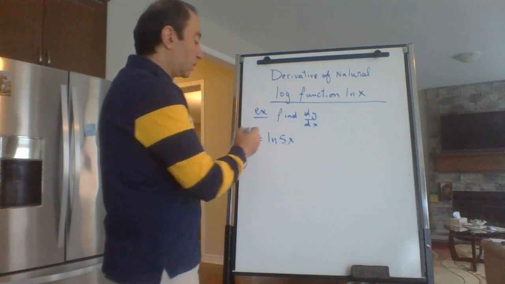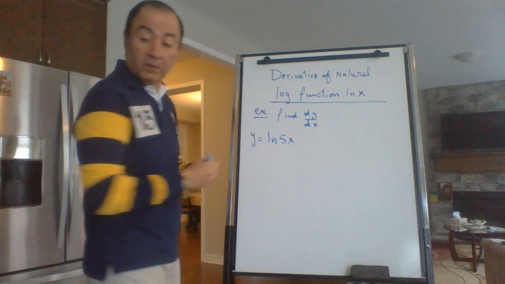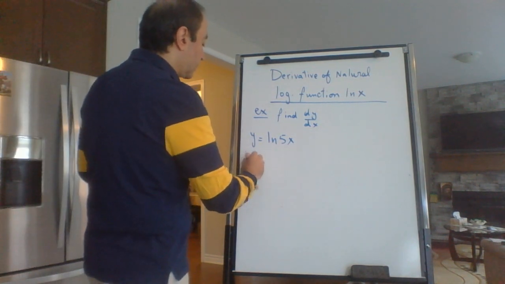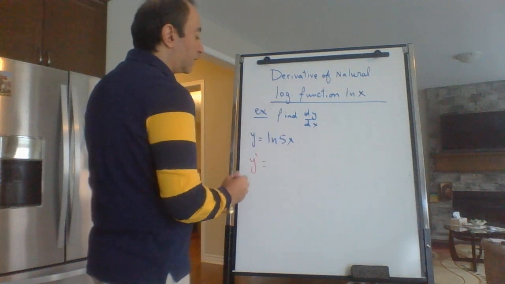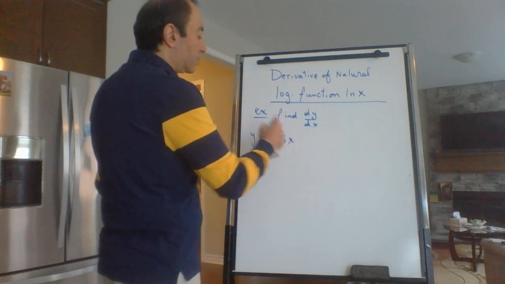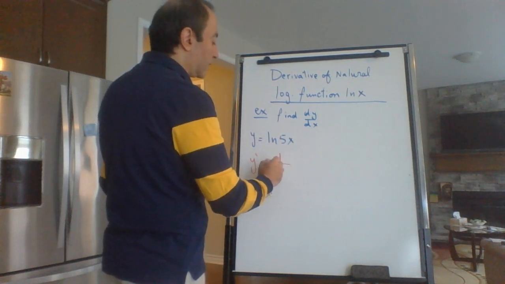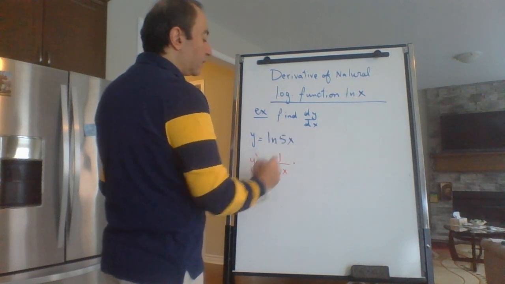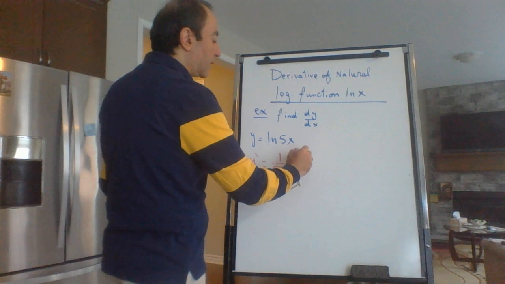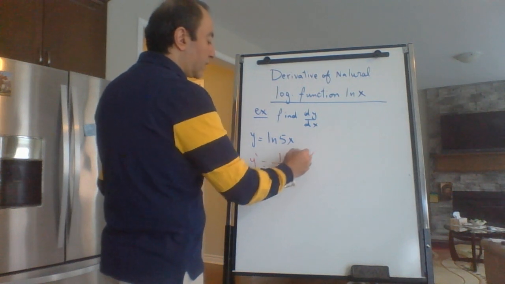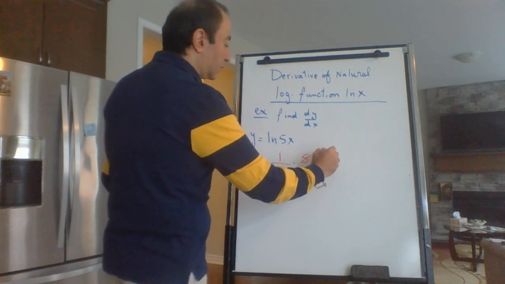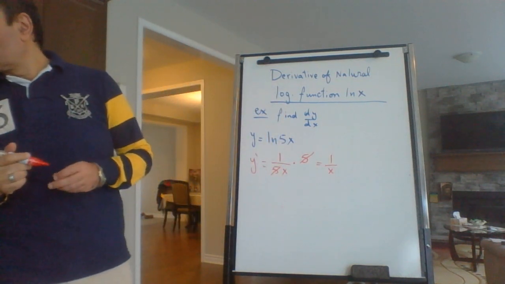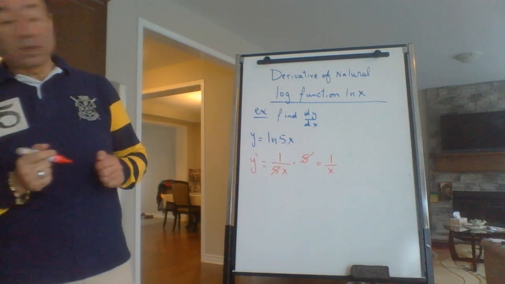The derivative of y, y prime, equals the derivative of ln g of x, so 1 over g of x, 1 over 5x, times the derivative of g of x, the derivative of 5x, which is 5. Now this 5 and this 5 can cancel out, and that will leave 1 over x. This is example 1.